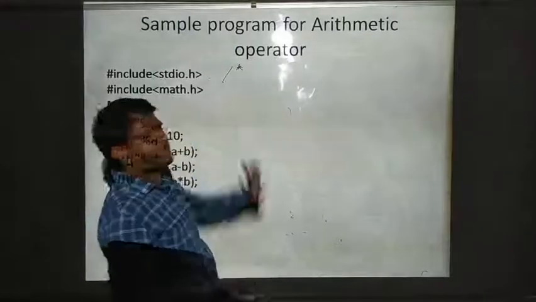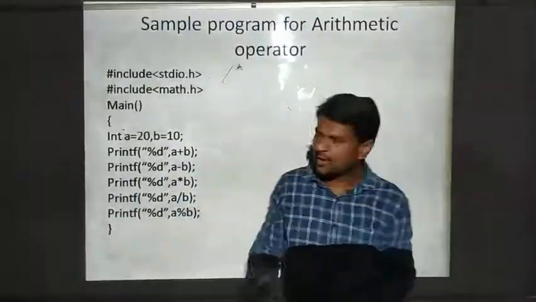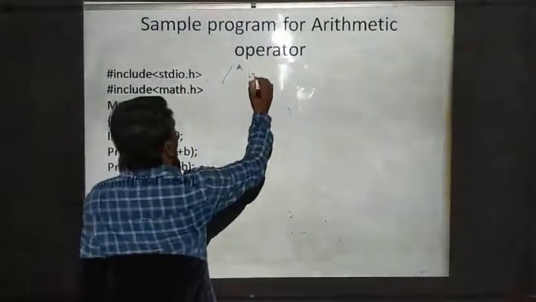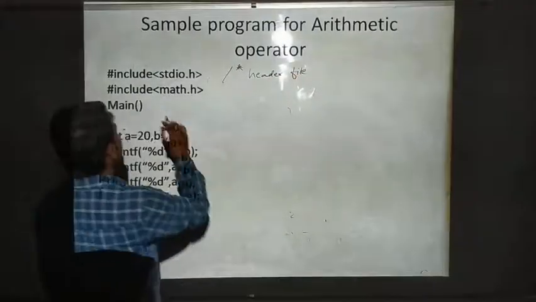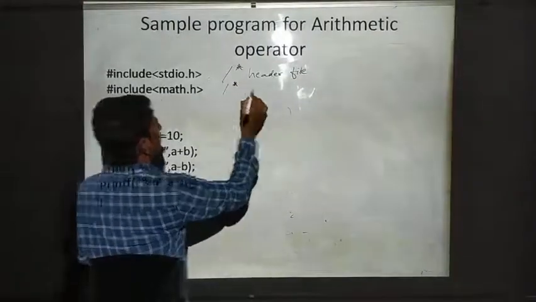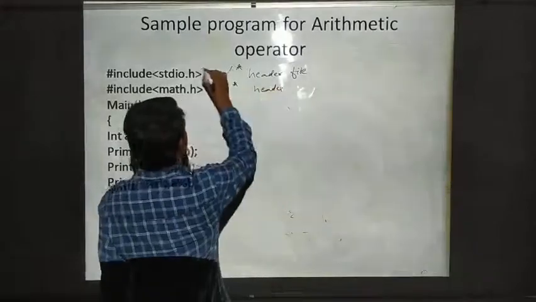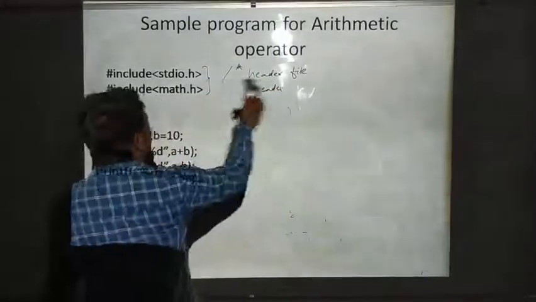This is for your understanding purpose; we can write it in notes as well as when typing. This is a header file. Next, this is also a header file. These two are header files, belonging to the library functions.